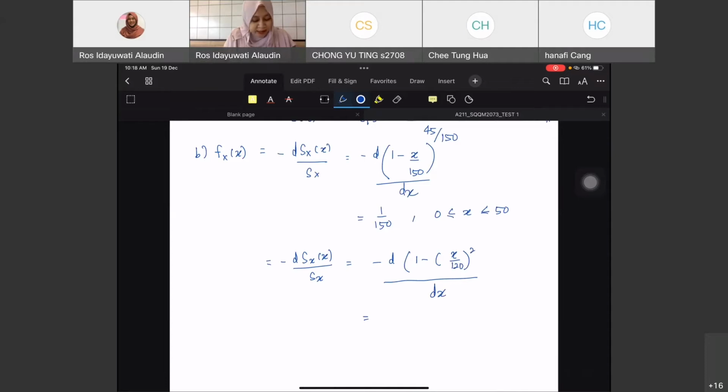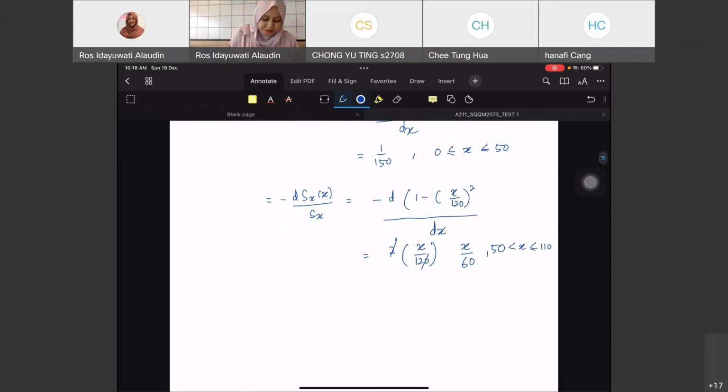So you will get positive, negative, positive, 2x over 120. So we cancel it out, it becomes x over 60 for the range age 50 to 110. So this is how you should answer this question.